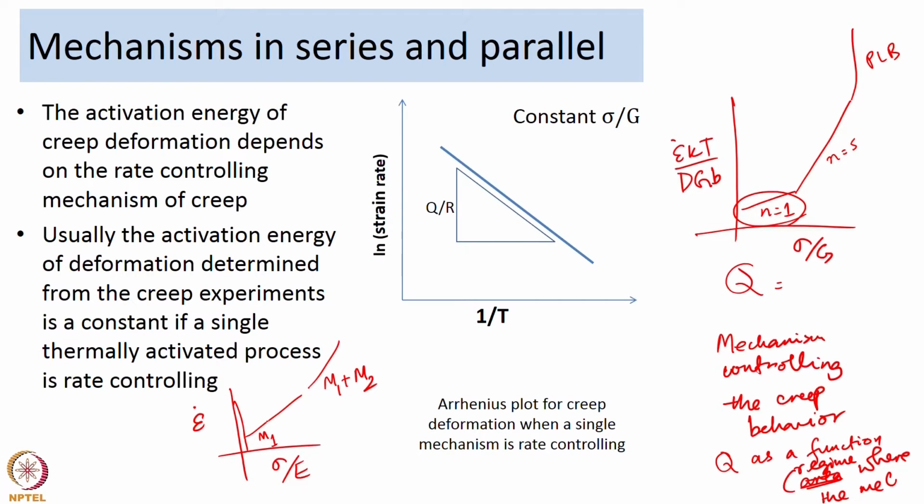Then you will notice that where only one is operating, you have an activation energy corresponding to only mechanism 1, but where both mechanism 1 plus mechanism 2 are operating, you will have an activation energy which will be different from what you get for either mechanism 1 or mechanism 2 operating separately. So, that is what we will discuss now.